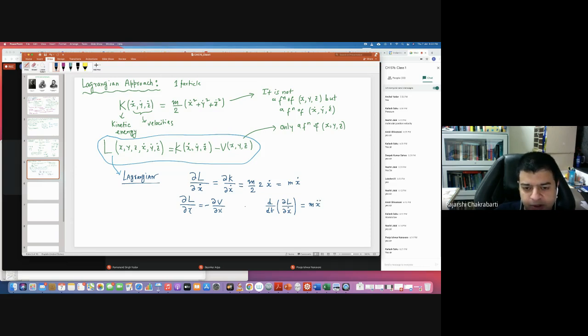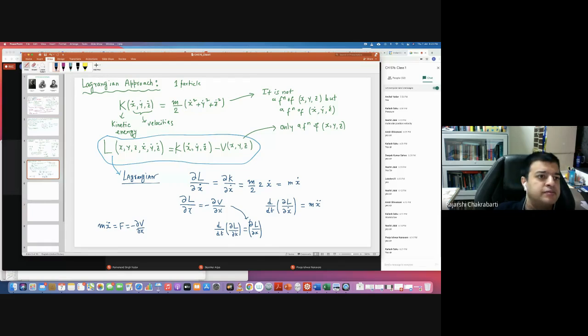And what do you know from Newton's equation of motion? m x double dot equals force, which is minus del V del x. So it basically tells you that d/dt of del L del x dot is equal to del L del x. Is this clear?